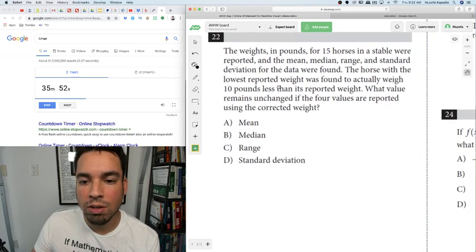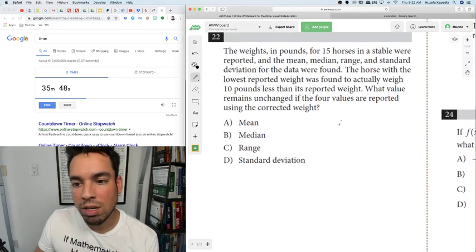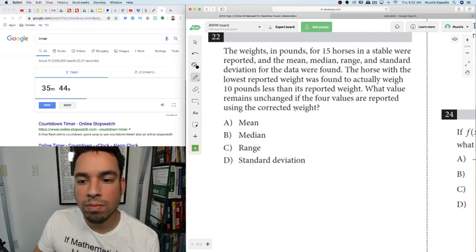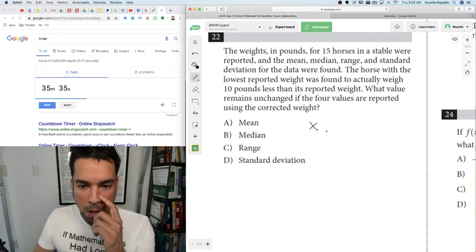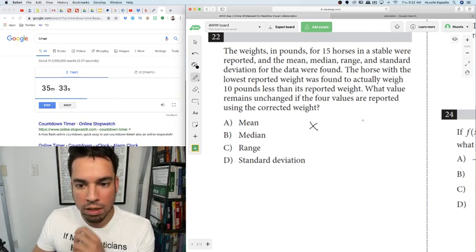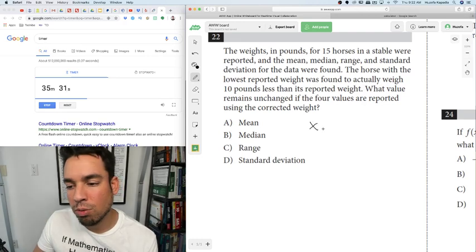The weights in pounds for 15 horses in a stable were reported, and the mean, median, and range and standard deviation for the data were found. The horse with the lowest reported weight was found to actually weigh 10 pounds less than its reported weight.